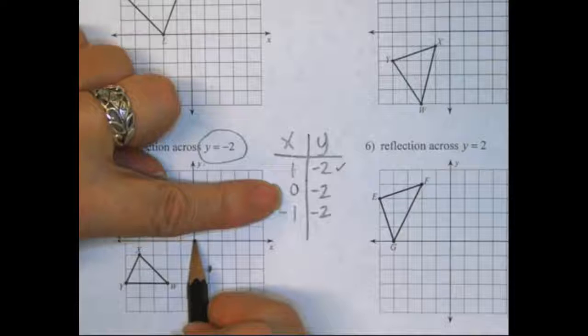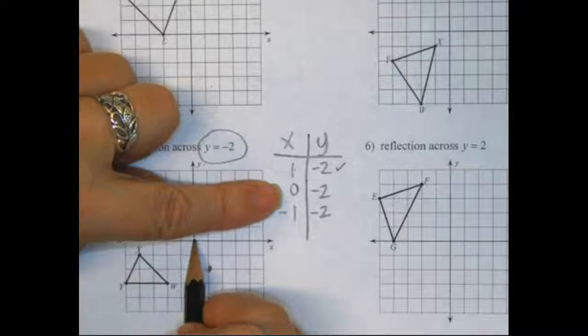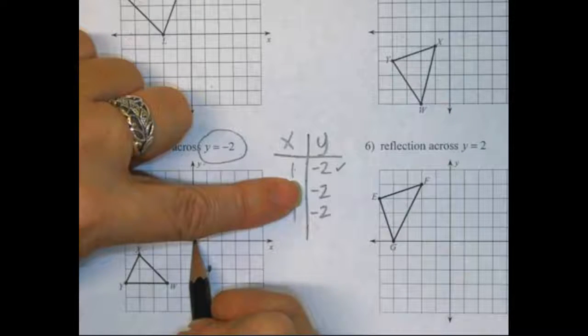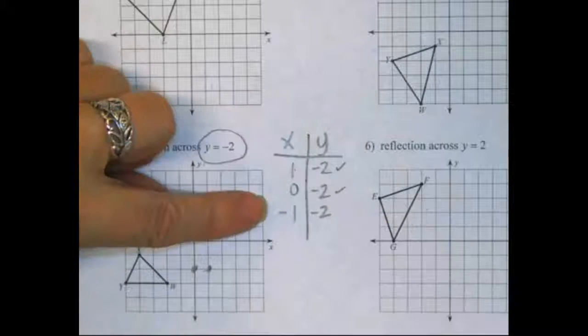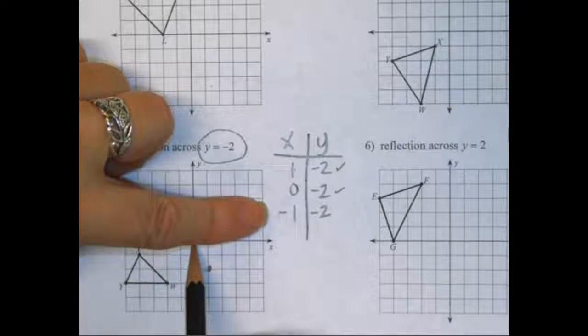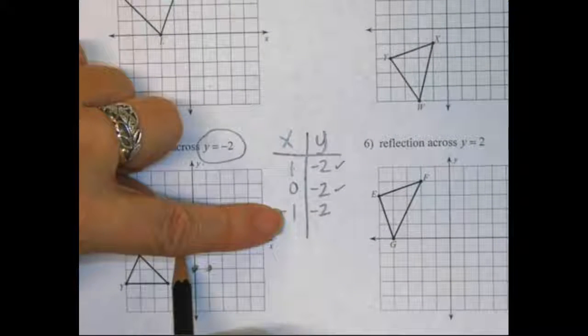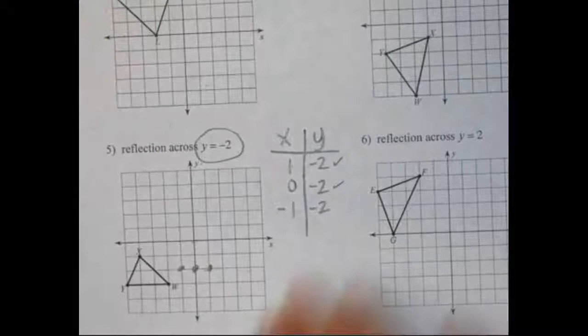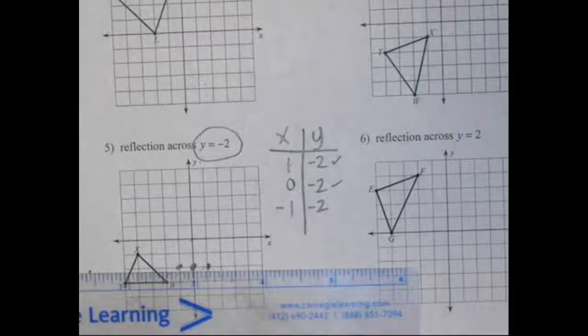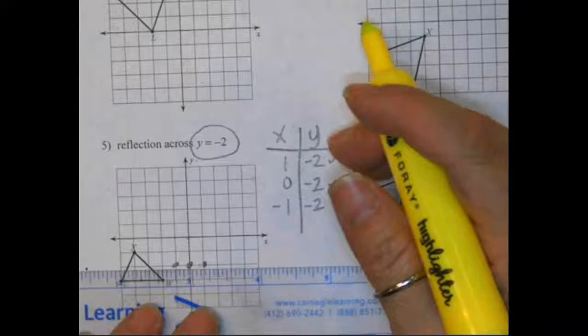From my point of origin, am I moving? No. X is 0, but what is y? So I'm going to go down 2. Graph that one. Last one. From my point of origin, left or right? Left 1 and down 2. That gives me a cool 3 points that I can highlight with my highlighter.